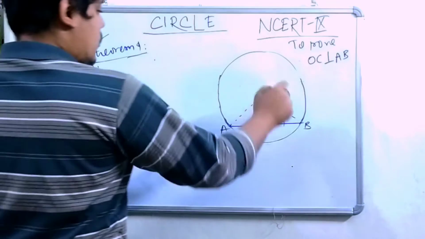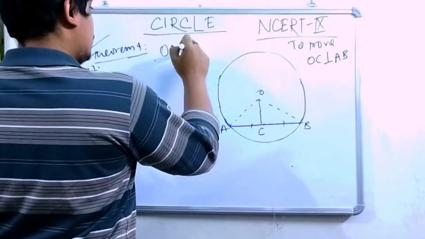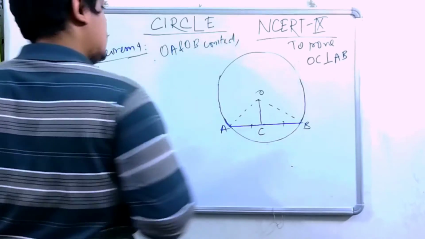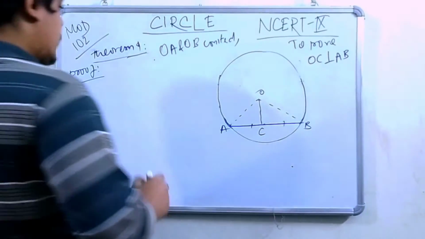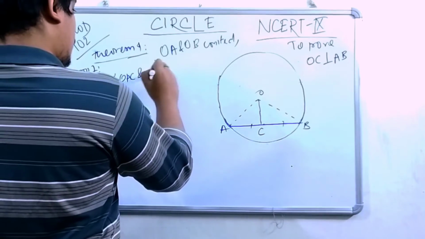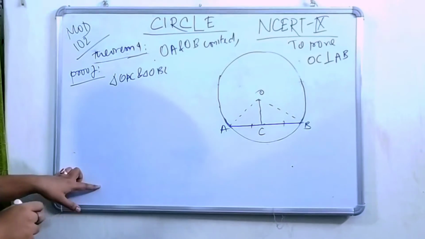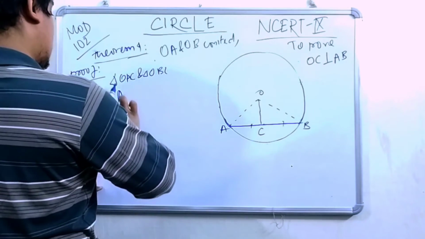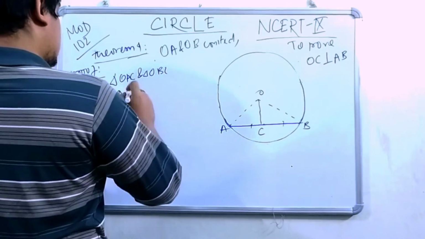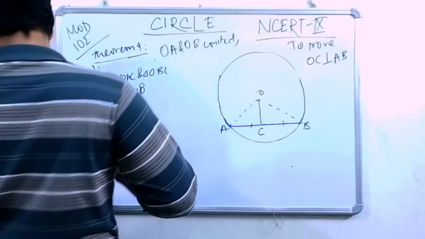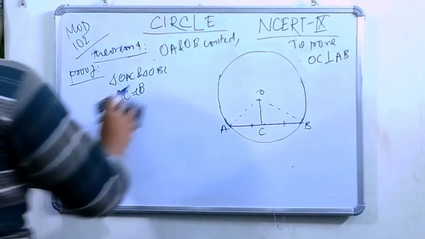So OA and OB are connected already. Now we have the two triangles, OAC and OBC. What I have is that AC is equal to CB already. Let's write it properly.